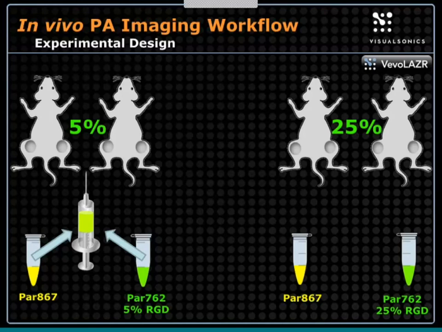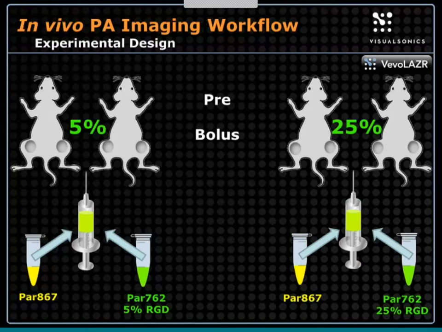And then, of course, for the 25% group, we have the negative control, PAR 867, and then the 25% RGD targeted PAR 762s. Again, we combine those together and then do the injection in those 2 animals. We then scan before the injection, we scanned during the bolus, and we scanned 48 hours later. We quantified at each of those time points.